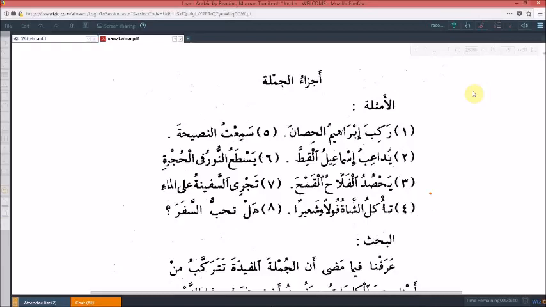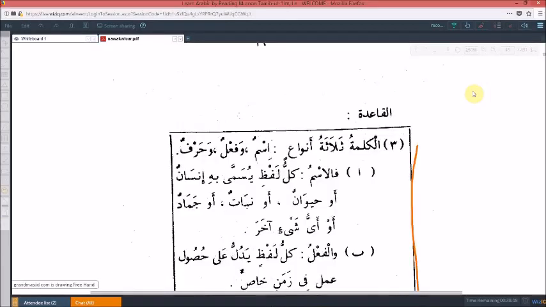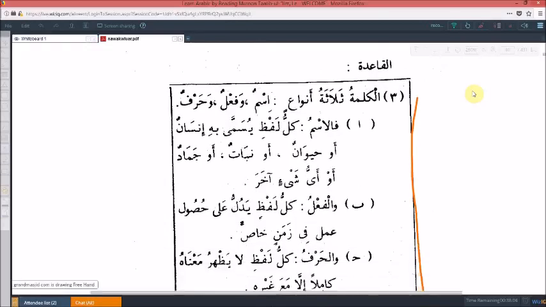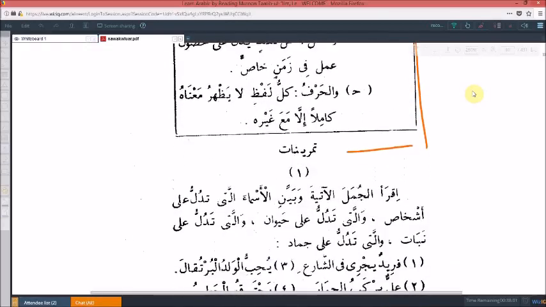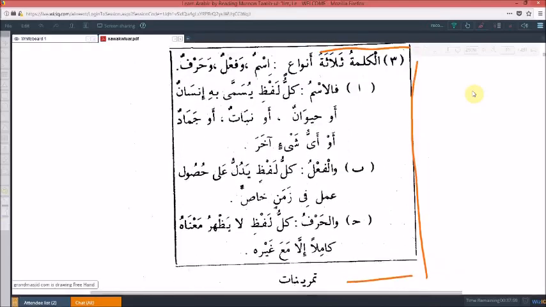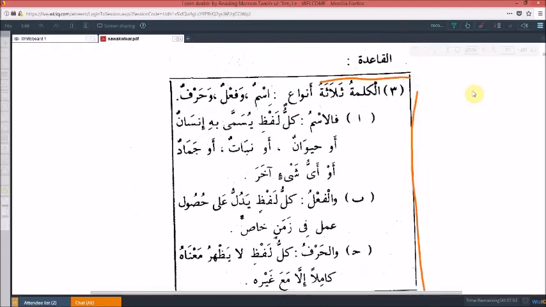We go down. You're going to see al-qaidatu al-thalitha. Let me go back up here. Like I said, getting it to fit is hard. Al-kalimatu thalathatu anwa. The words are 3 types: ismun wa fi'lun wa harfun.